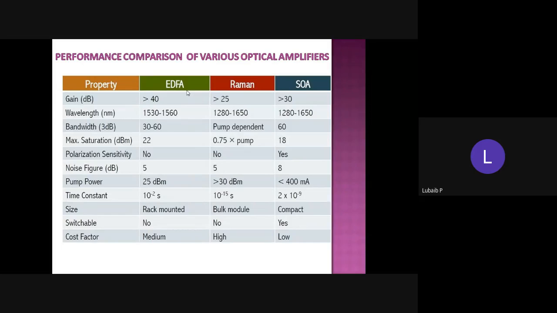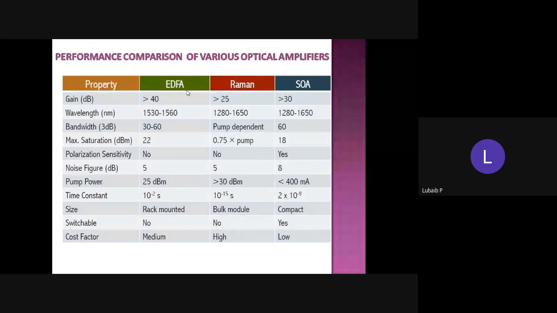In the case of the Raman amplifier, the bandwidth is pump dependent; we can specify some value depending on the pump. Then, regarding polarization sensitivity, it is not present in the case of TDFA and the Raman amplifier, but it is present in the case of the semiconductor optical amplifier.